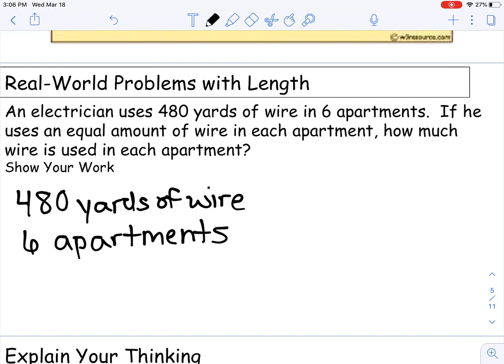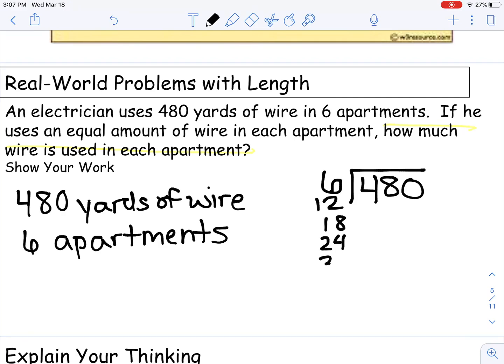So what is the electrician doing with that wire in those apartments? Well, we need to know how much is in each apartment. So he's taking that 480 yards of wire and he's dividing or splitting it up between the 6 apartments. Skip count strategy, 6, 12, 18, 24, 30, 36, 42, 48, 54.